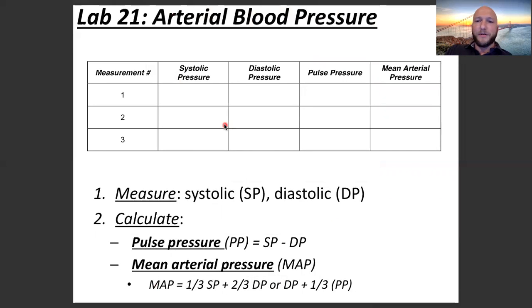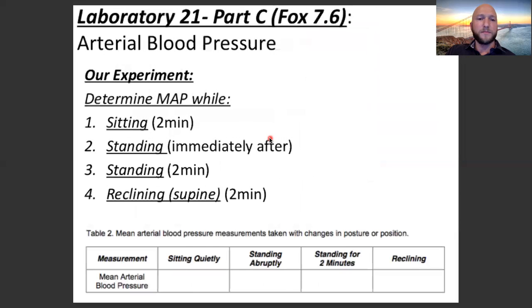In this lab, normally we would do this 3 times for everybody in our group, and we'd have a good time practicing this. Then we would move on and we would calculate our MAP while the person is sitting. So have them sit and relax for 2 minutes, calculate their MAP.